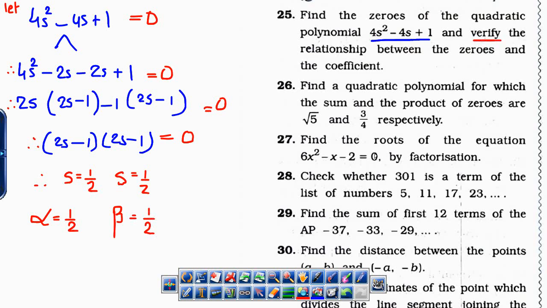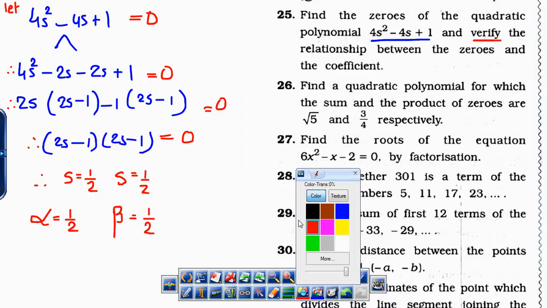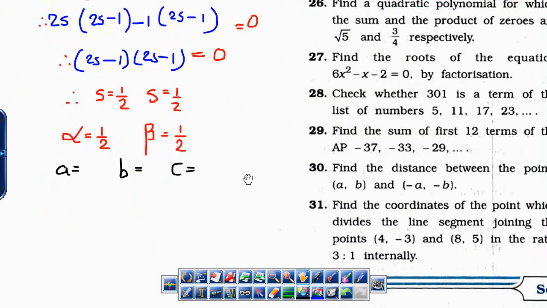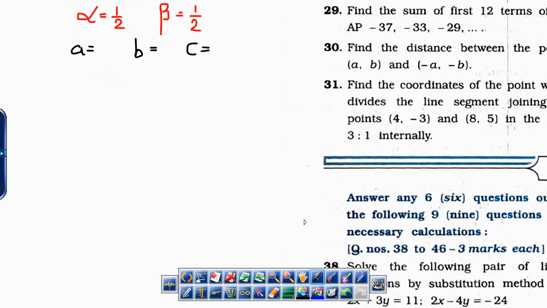अब करेंगे verify the relationship between zeros and coefficient, जिसके लिए लगेगा a, b और c की वैल्यू जो इक्वेशन में से मिलती है. a 4, b -4 and c is 1. How to verify relationship?